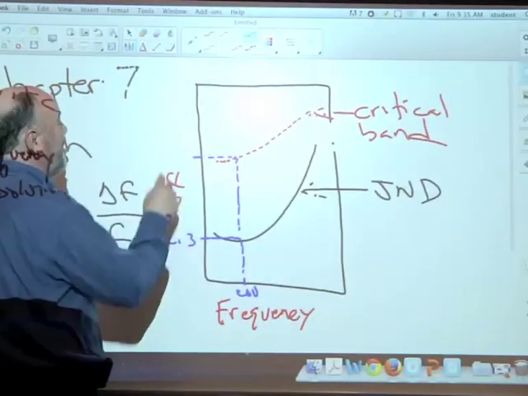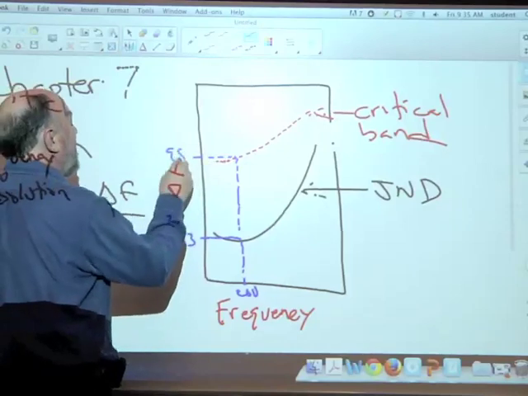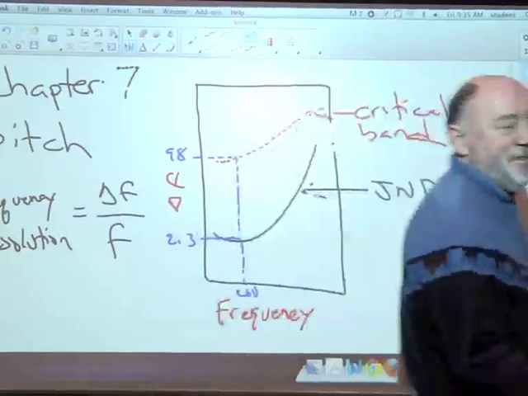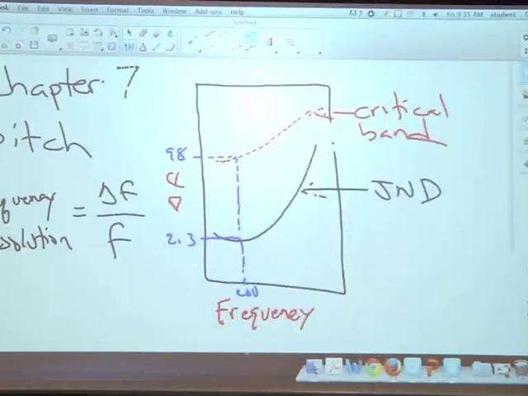Given that scale, let's go with this is like 98. So if I want the resolution, it would be 98 divided by 2.3.